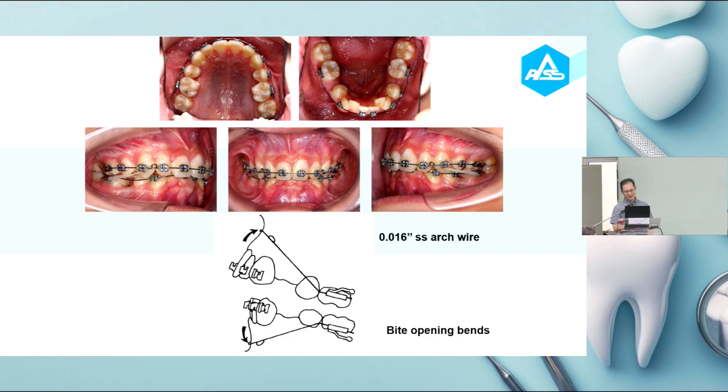In the conventional Begg technique, the bite opening bands are given medial to the molar tube, and the anterior segment of the arch wire is made to align gingival to the bracket of the lower incisor. Class 2 elastics were used to control the inclination of the upper incisor and to correct the molar relationship.